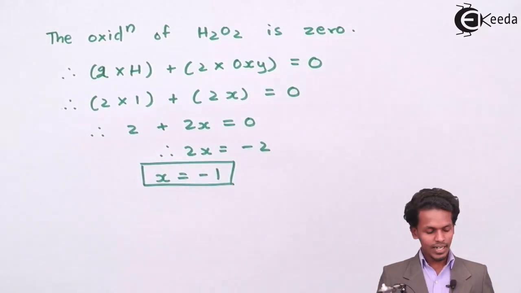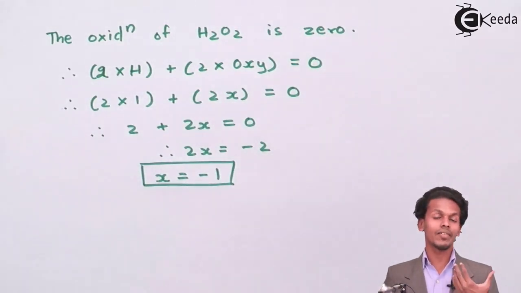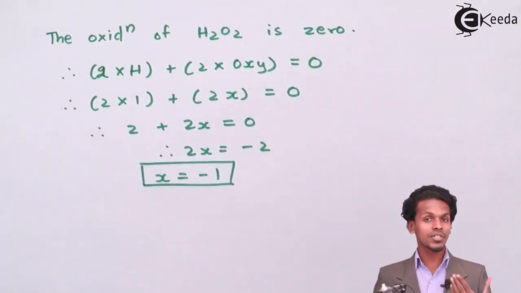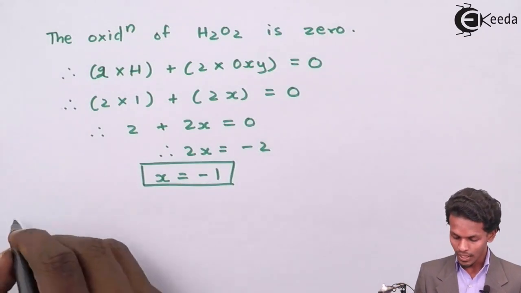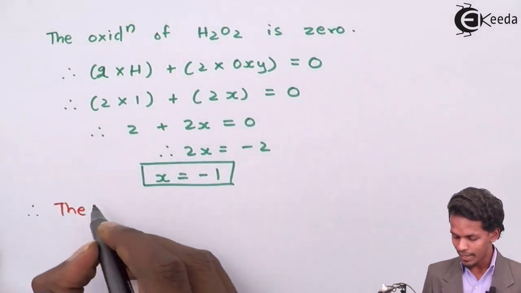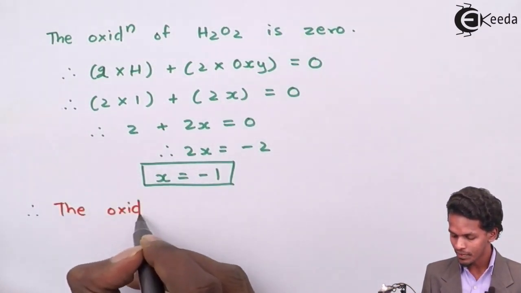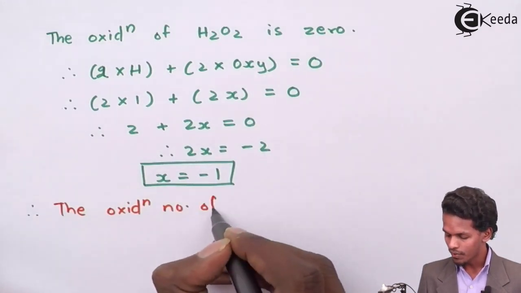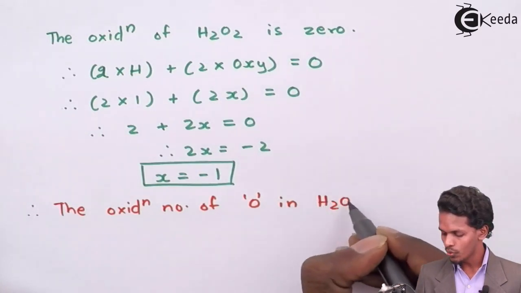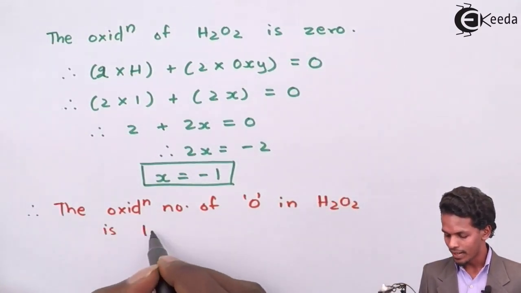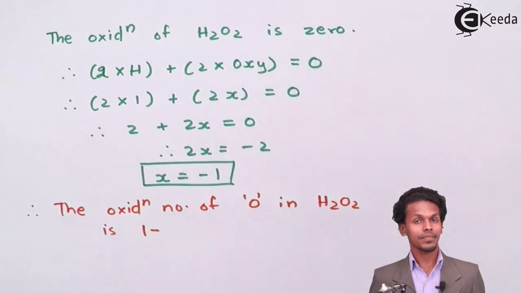So we have evaluated the oxidation state of oxygen as minus 1 in H2O2. Therefore the oxidation number of oxygen in H2O2 is 1 minus.